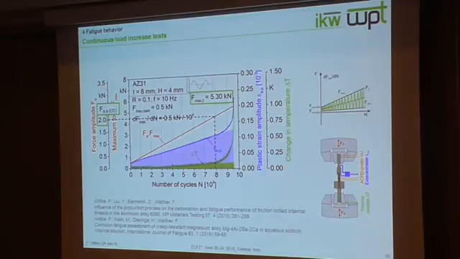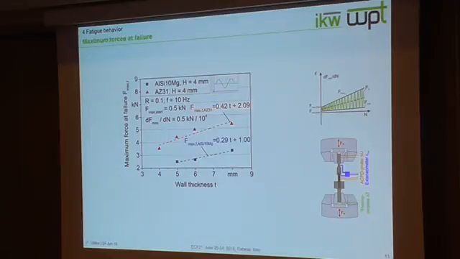So now I will only concentrate on the maximum force at failure, and this is also correlated over wall thickness of the specimen, and you can see nearly the same regressions here as we've seen in the tensile test. So as a result, also the magnesium alloys have higher values than aluminium alloys.